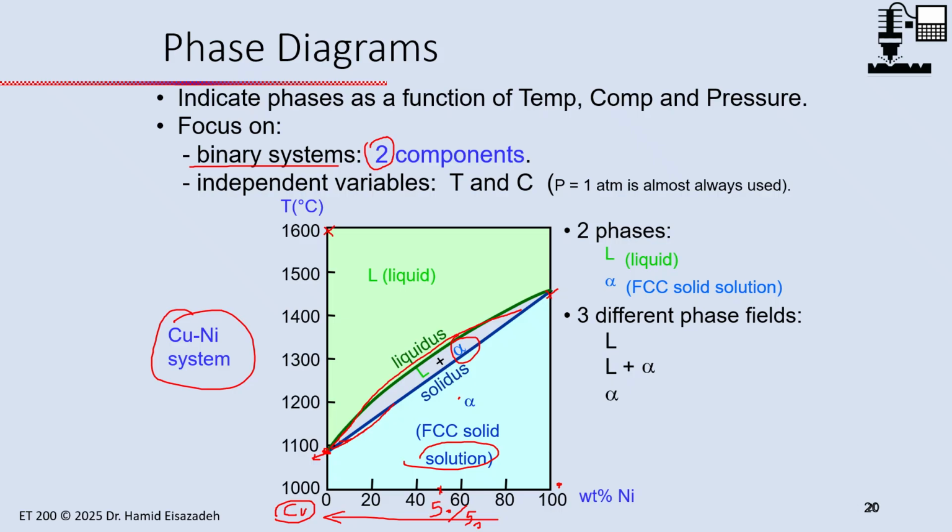Alpha is present below the solidus line. Below this line, we have all solid, and above this line we have liquid and some solid material. Later on I'm going to show you how to determine the amount of liquid in this region. For example, if we are at this portion, how much liquid and how much alpha we have at a certain temperature and composition.